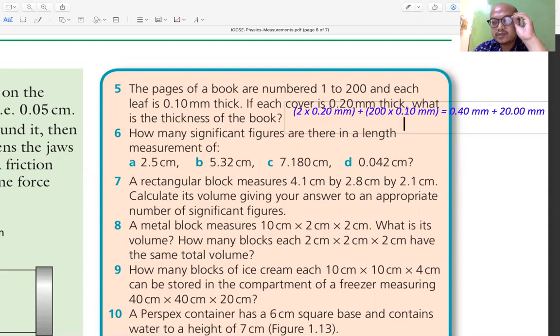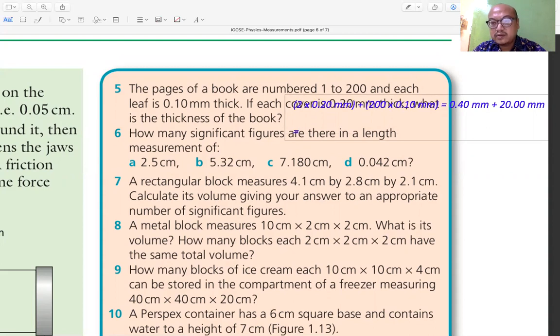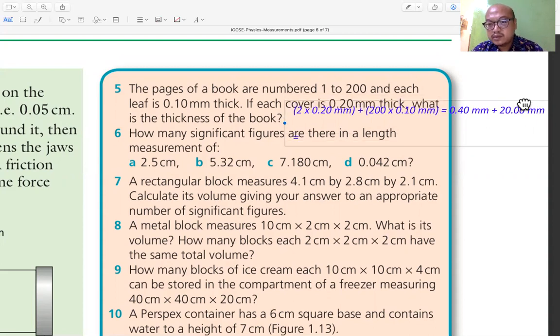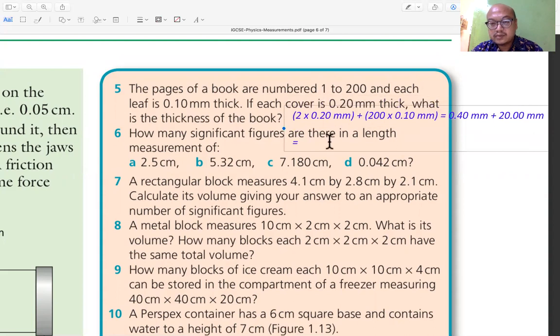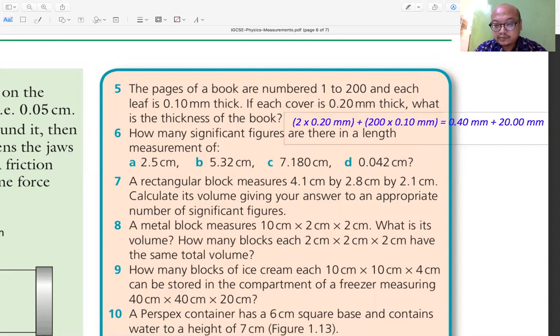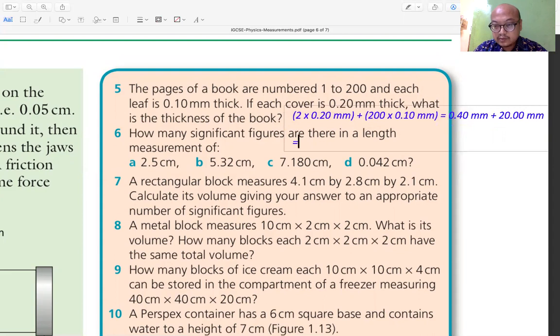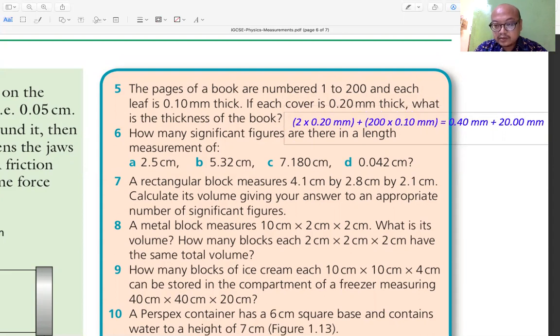This is something with 20 point... Wait a moment, guys.